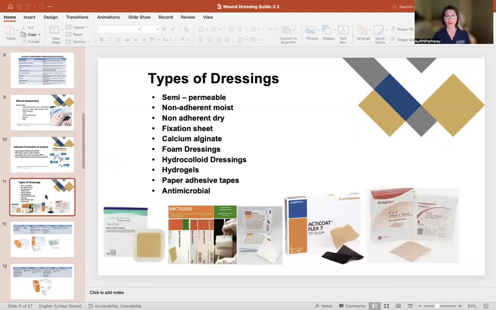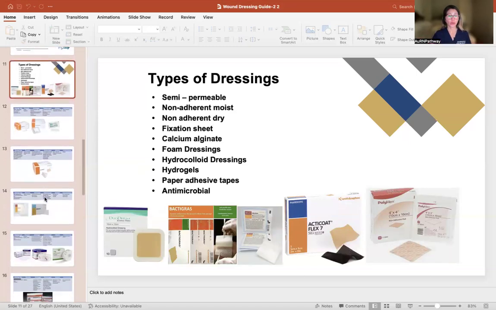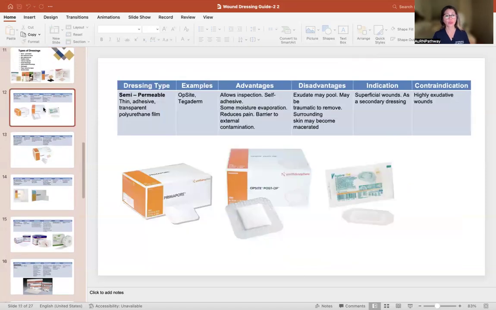Now, let's talk about your types of dressing. There are different types, of course, as you can see here, which we're going to go through in the next slides. We do have the semi-permeable dressing. And as an RN, you don't need to confuse yourself based on the brand. As you can see, these are all the same semi-permeable.